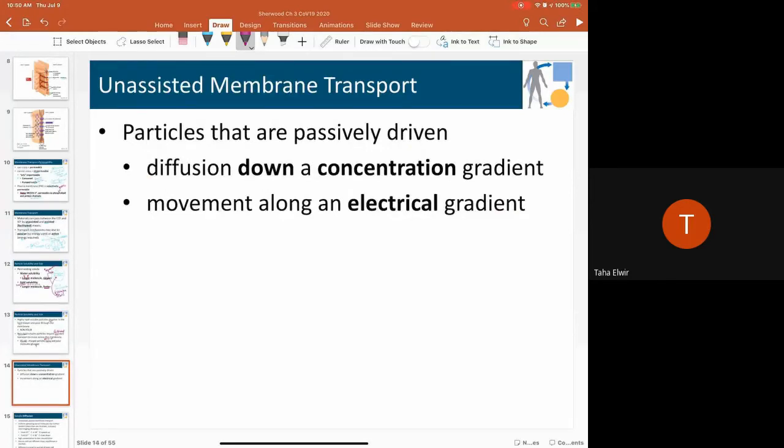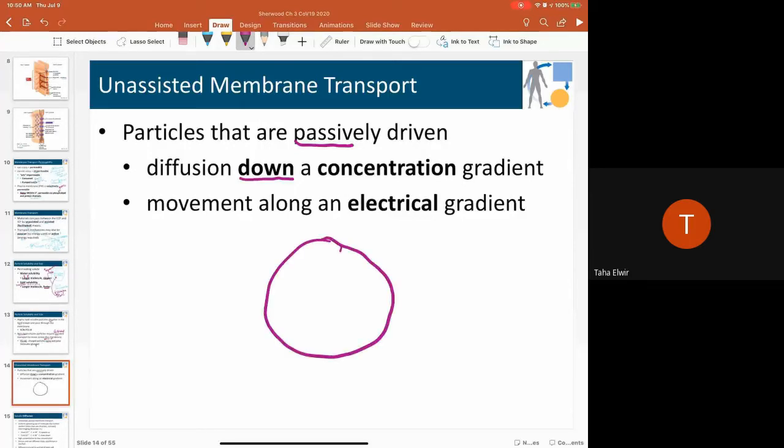So unassisted, that means it's passive, and it means there must be a concentration gradient involved. We use the term diffusion for going down a concentration gradient. So we've got our cell.